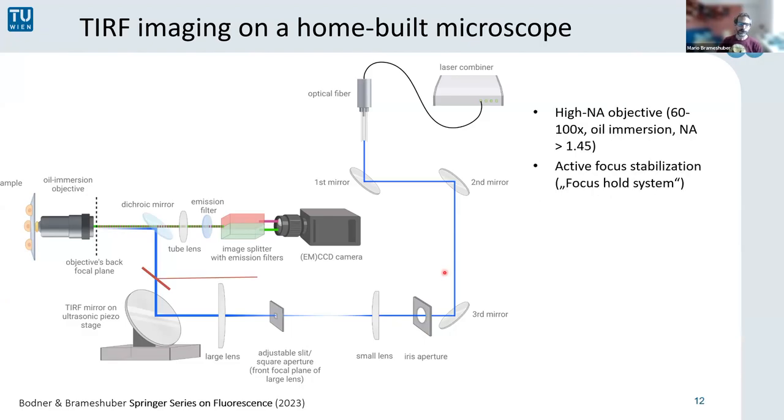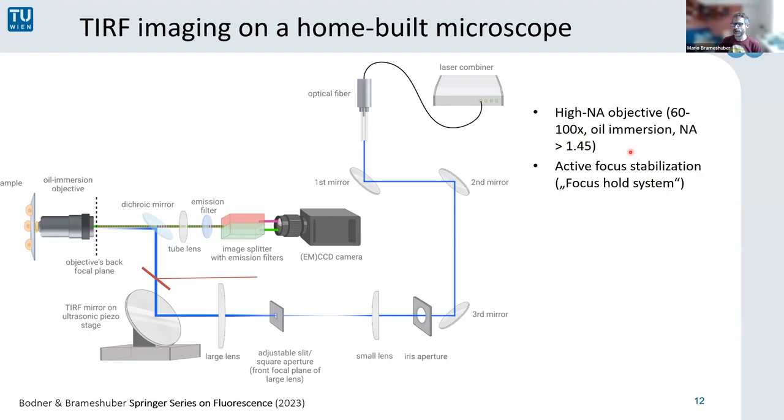We also use objectives for detection. It's important to have a high-NA objective if you work with single molecules. And also for TIRF, we need objectives because it's objective-based TIRF illumination we do. So we need objectives with an NA larger than 1.45 and 60 or 100x oil immersion objectives. To make life simpler, we nowadays introduce active focus stabilization systems, so-called focus hold systems.